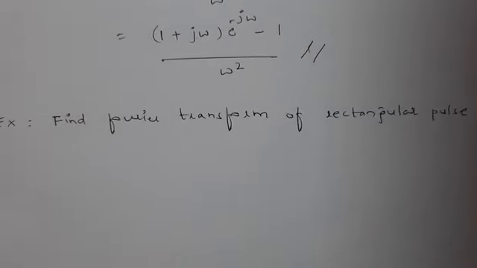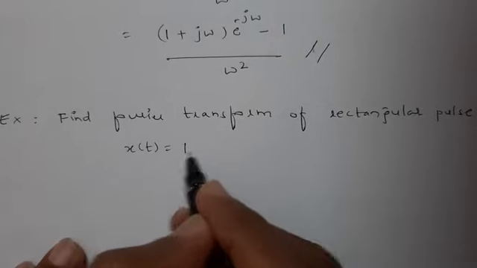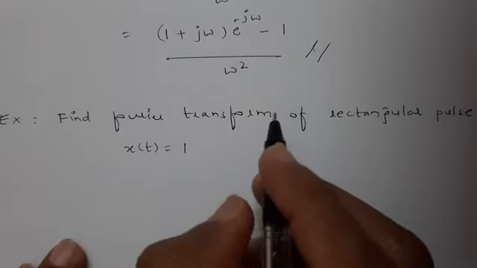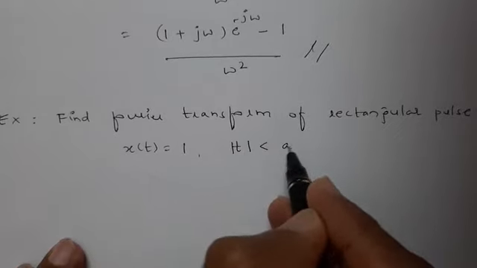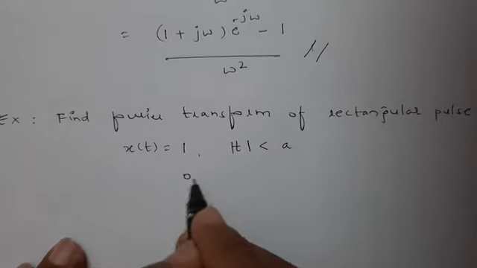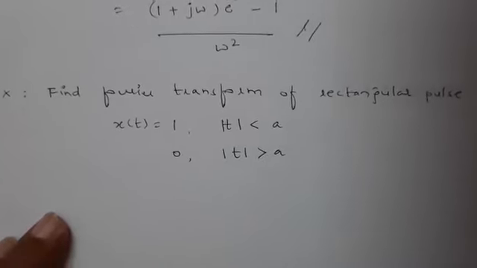Rectangular pulse, x of t is equal to 1 for t less than a and 0 for t greater than a.